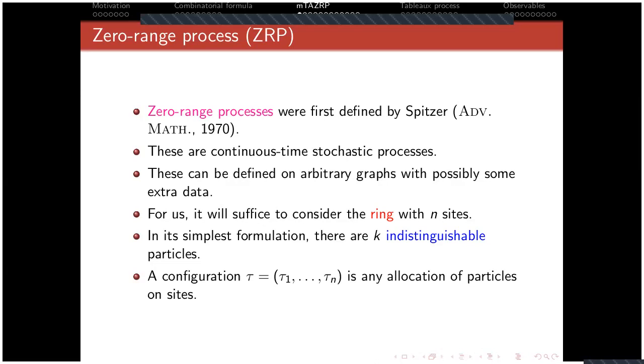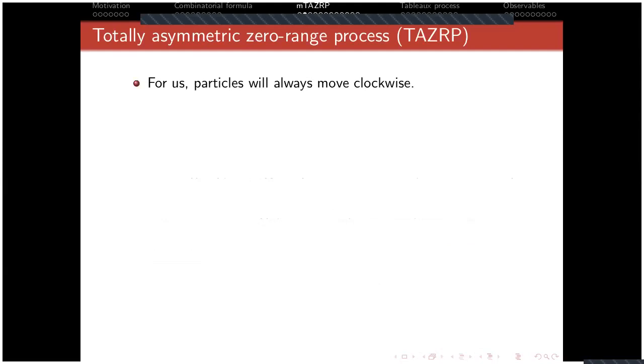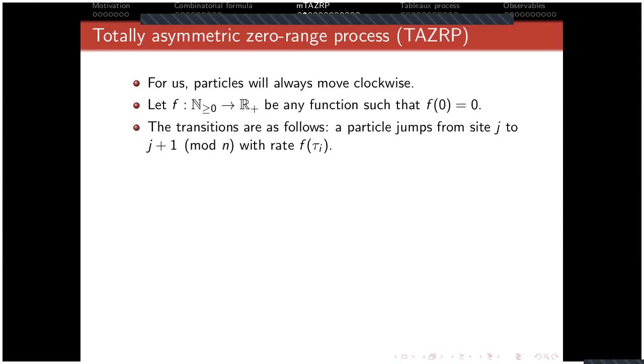So this is just a weak composition, an integer vector, no negative integers. And we will move particles clockwise. Suppose f is any function from the non-negative integers to the positive reals such that f0 is 0. Then a particle jumps from site j to j plus 1, mod n, with rate f depending on tau j, how many particles there are at the given site.